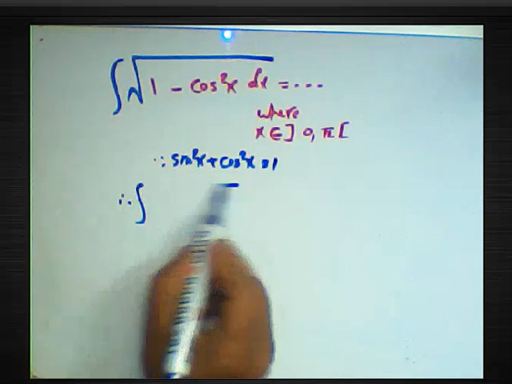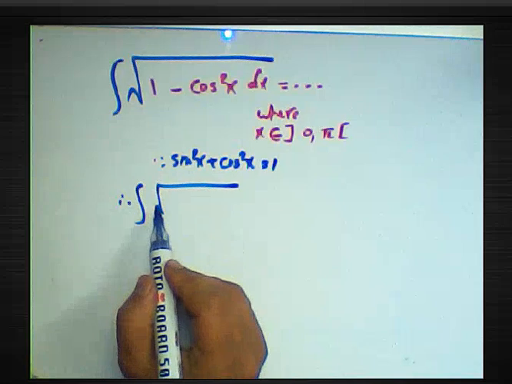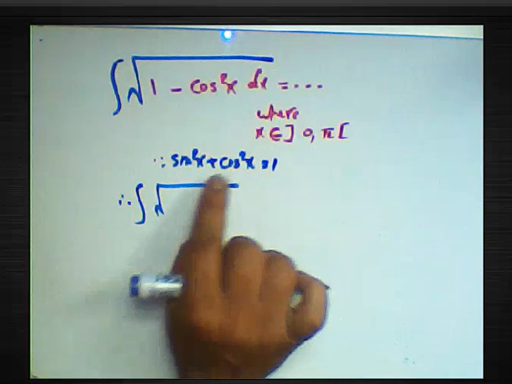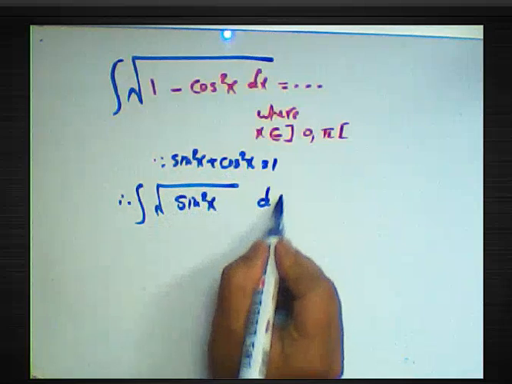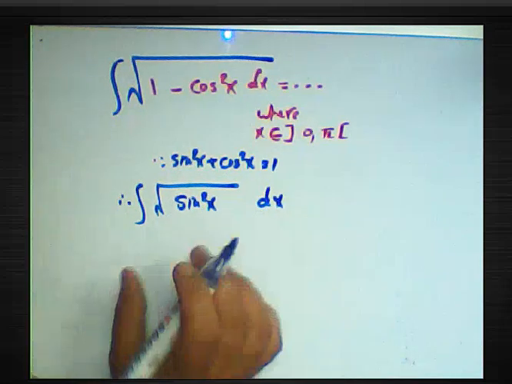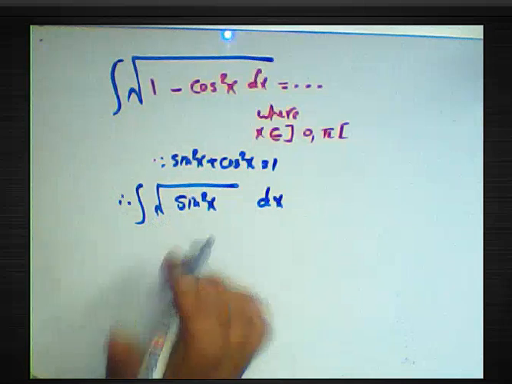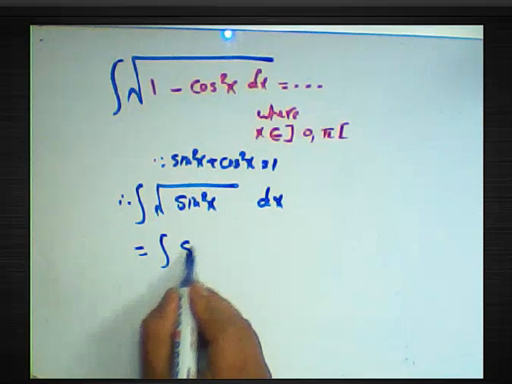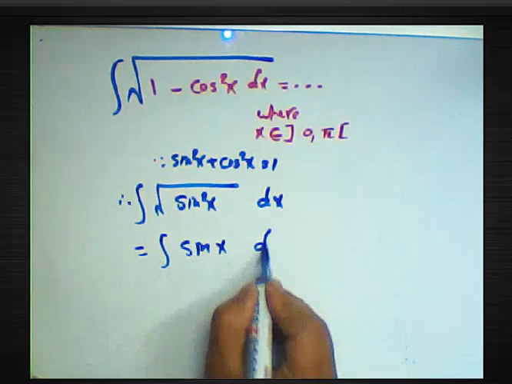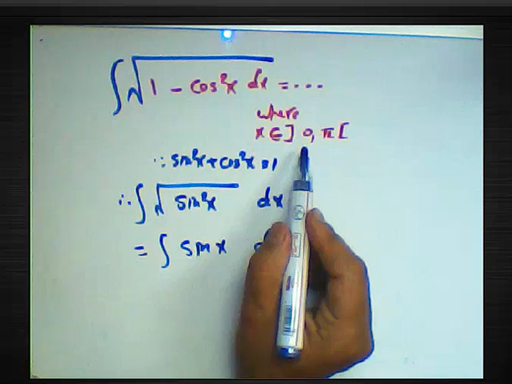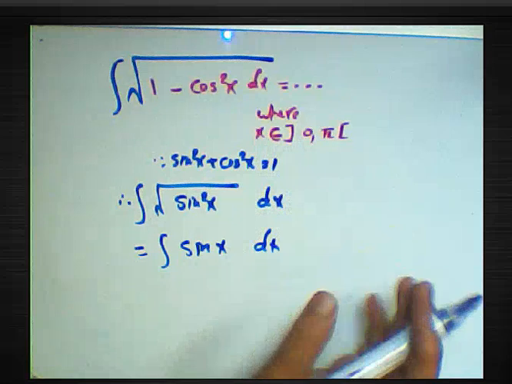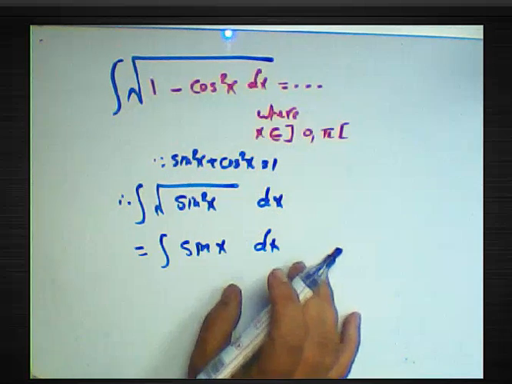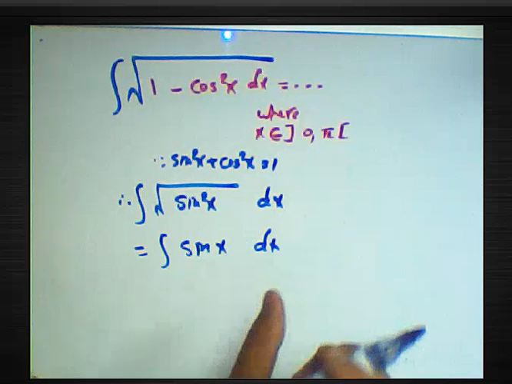Then the integration will be the square root of 1 subtract cosine power 2x, which is sine power 2x, dx. And you can cancel the square root with the power here. It will be the integration of sine x dx, because x belongs to 0 and pi, meaning it lies in the first and second quadrant. So sine is positive in the first and second quadrant.